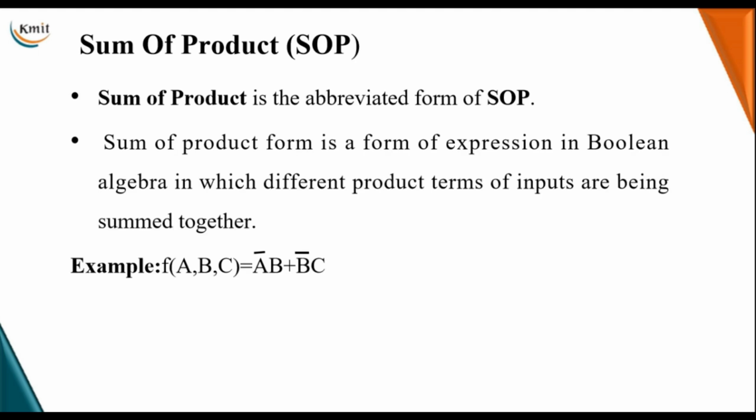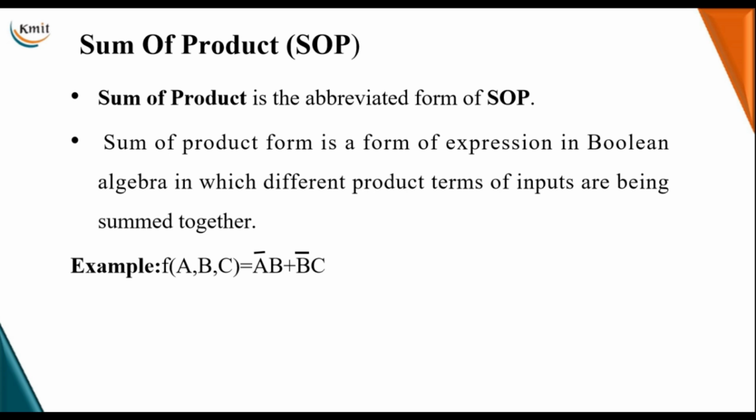So the first way of representation is sum of product form. You can represent each Boolean function by its sum of product form, which is the abbreviated form of SOP. In short form, you can call that the SOP form. This can be obtained by taking the summation of all the product terms.